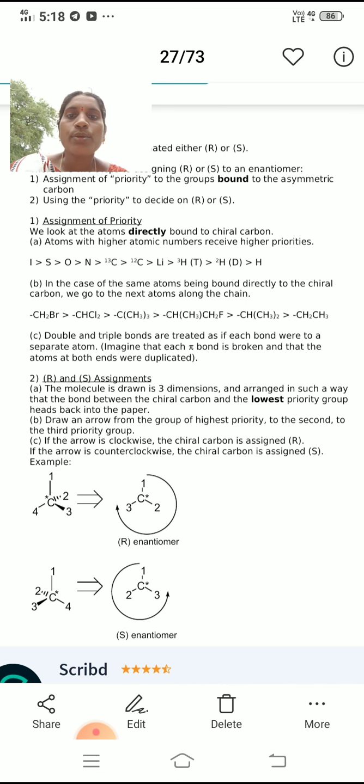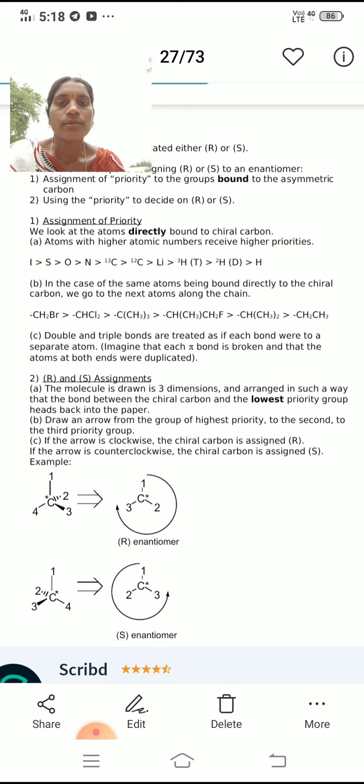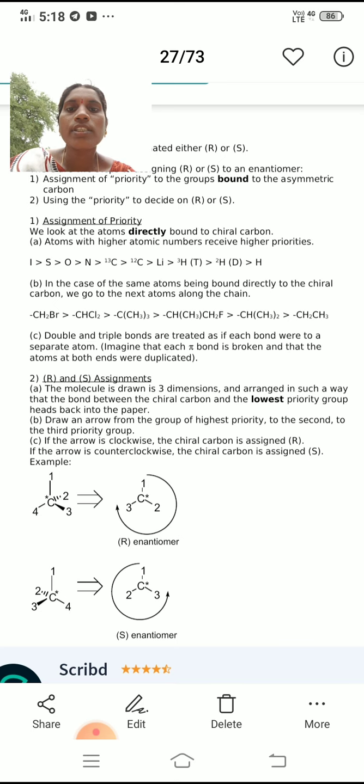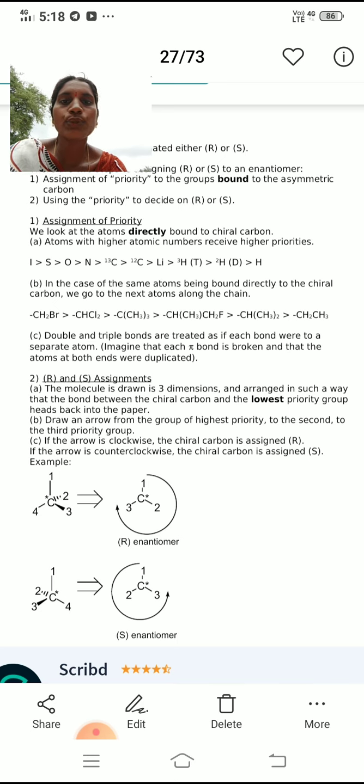The first priority is given to bromine in CH2Br, because bromine has a higher atomic number than chlorine. That's why CH2Br has higher priority than the CHCl2 group.